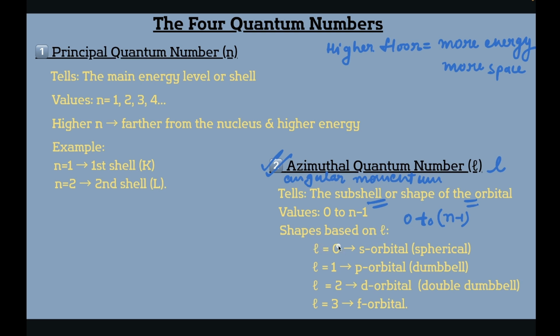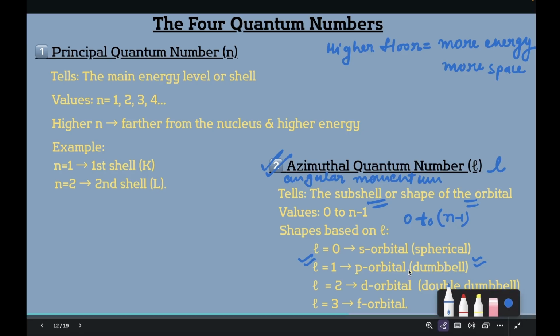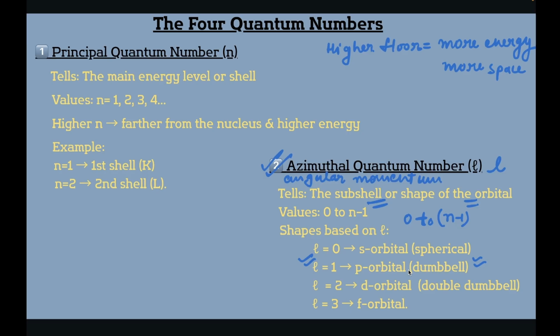Like if the value of l is 0, then it will be an s orbital, which is spherical in shape. If the value of l is 1, then the shape of the orbital will be dumbbell shape. And if the value of l is 2, that is a d orbital, which is double dumbbell shape. And if the value of l is 3, then it is an f orbital, which is complex.